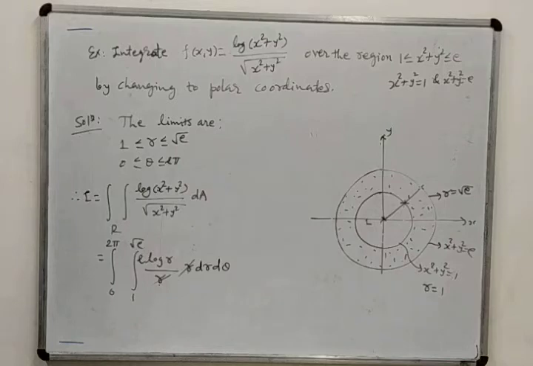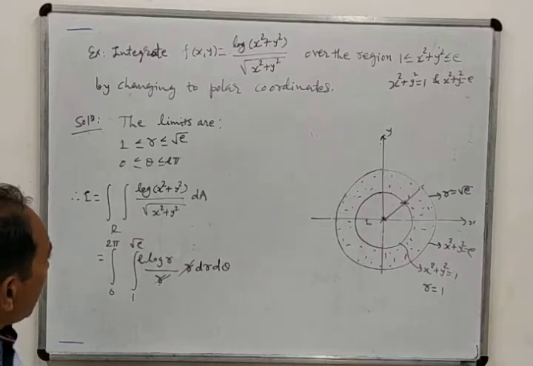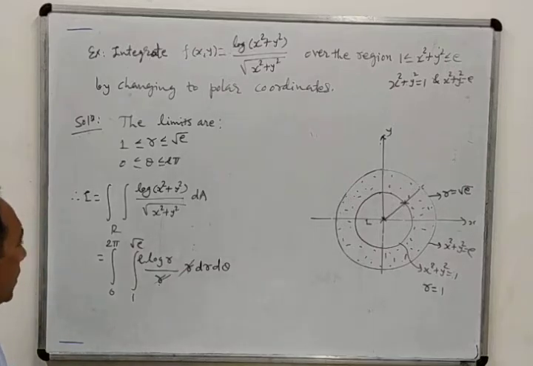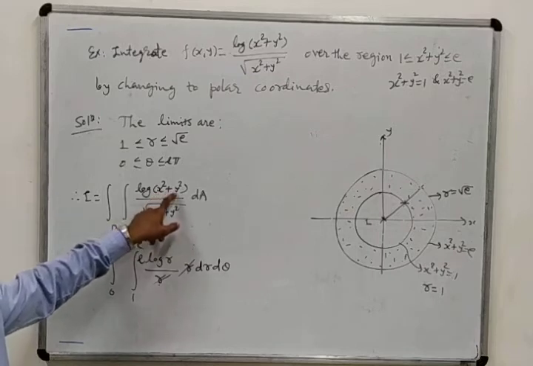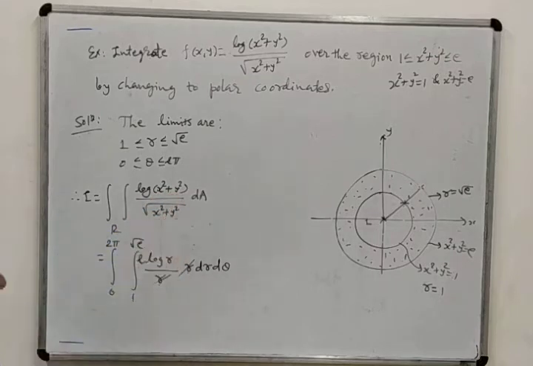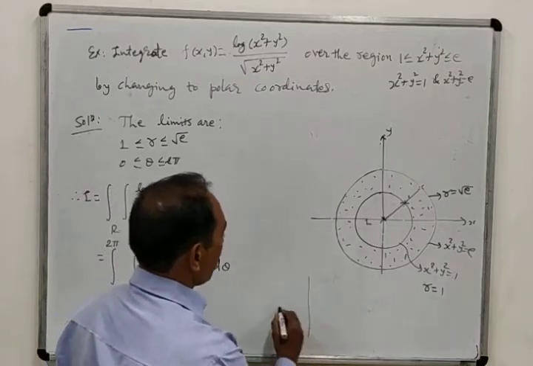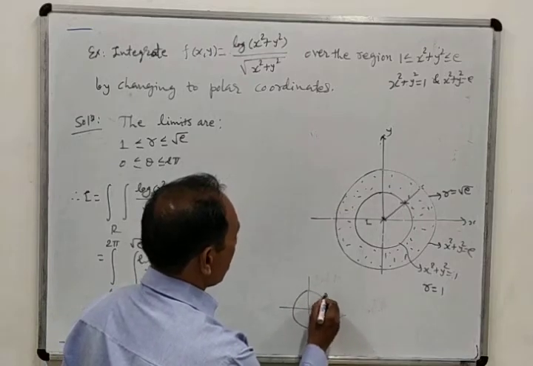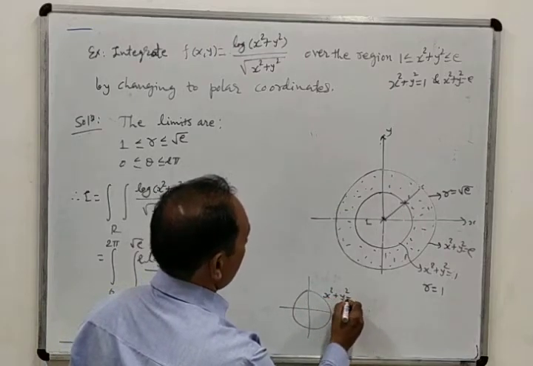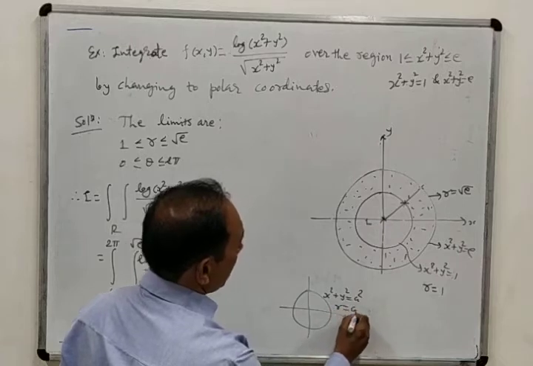Now one point I would like to add here, that in the last example it was not discussed, but here I will discuss. Here I have put x square plus y square equal to r square. In the last example also you have seen that we considered a circle x square plus y square equal to a square, and that means r equal to a.